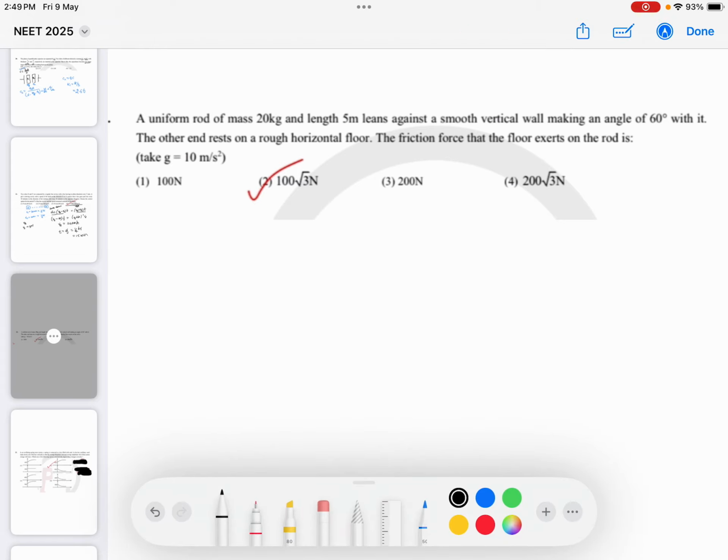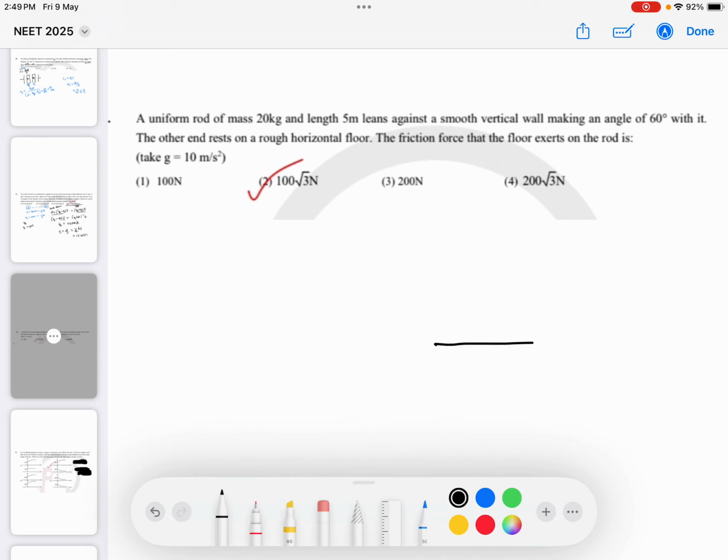And next one. A uniform rod of mass 20 kg, length 5 meters, leans against a smooth vertical wall making an angle of 60 degrees with it. The other end rests on the rough horizontal floor. Find the frictional force that the floor exerts on the rod.